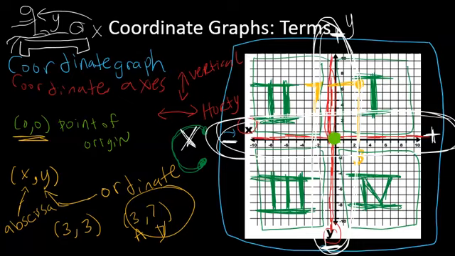Okay. So those are like the terms. We have the coordinate graph, then we have the coordinate axis. The graph is the whole thing. The axis is the whole entire thick line in red, going up and down, that makes a big giant plus sign. We have the point of origin. That's that big giant green dot right in the center. Then we have the coordinates, which were the weird words we had, abscissa and then ordinate, right?